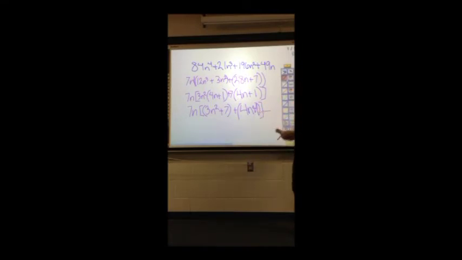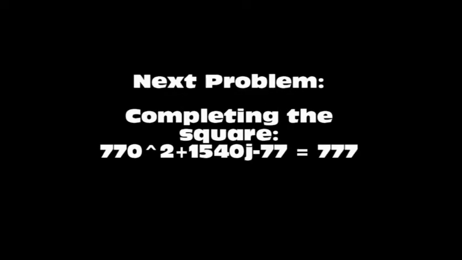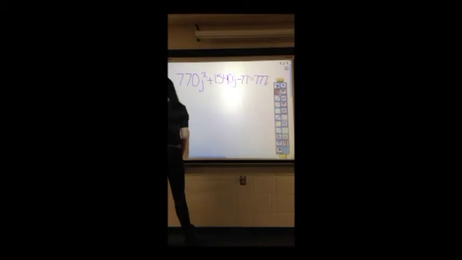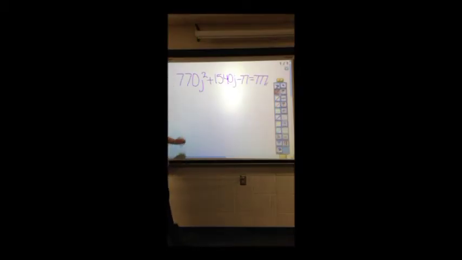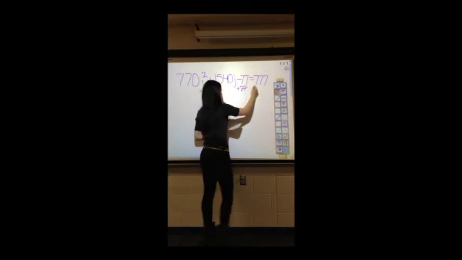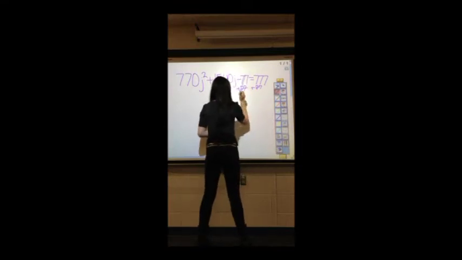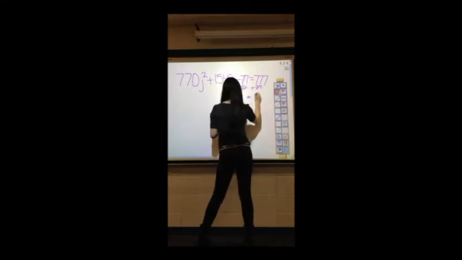And then for completing the square, the first step in completing the square is to get A and B by itself. So to do that, you have to add or subtract whatever C is to the other side. So then that'll cross out, and that'll be equals 854.